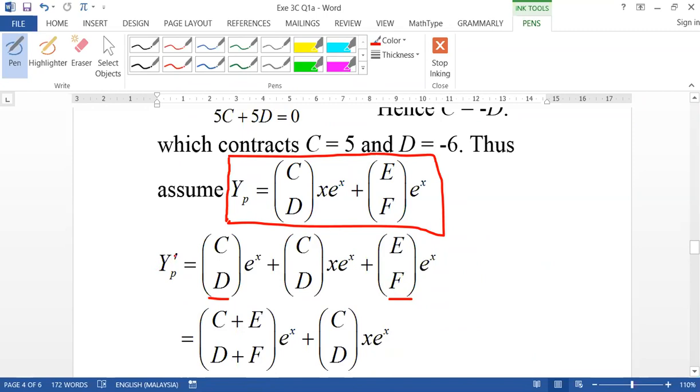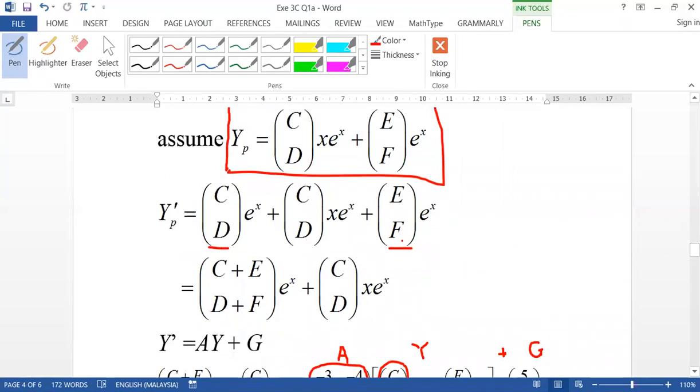Then we find the y prime p. So we differentiate the first term here. First of all, you differentiate x, we have 1, and then differentiate exponent x, we still have x exponent x. So this term is actually u v prime, and this is v u prime. And then differentiate the second term, you still get back the same, because differentiating exponent x gives exponent x.